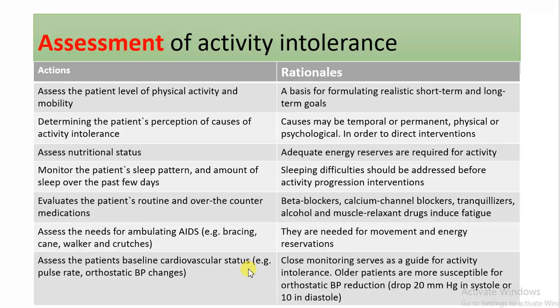Those who have decompensated heart failure cannot move properly. They have, we say, syncope, chest pain, and sometimes they get dysrhythmia. So it is more important to have close monitoring of the cardiovascular system, mostly by pulse rate and also blood pressure. We should check them.